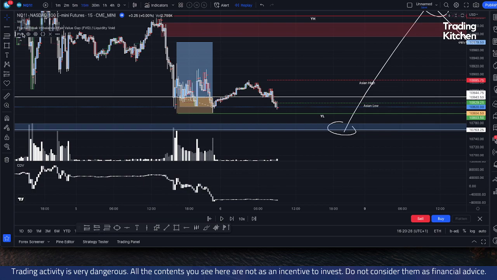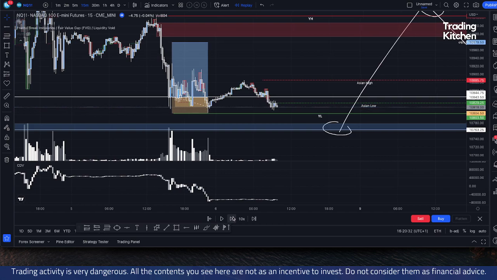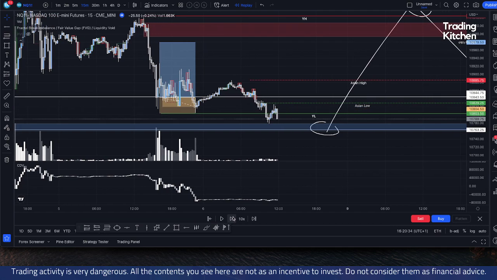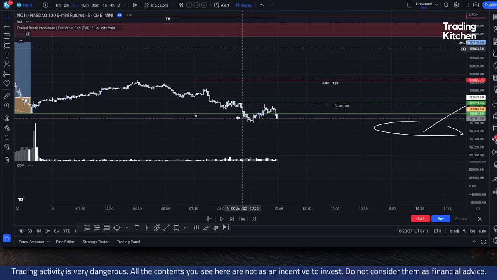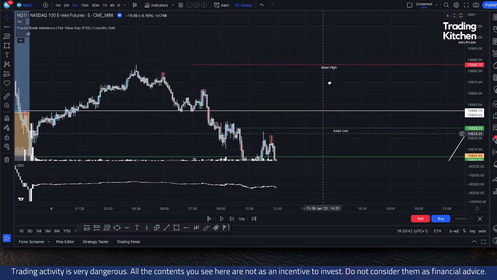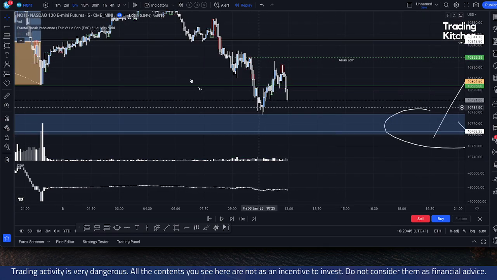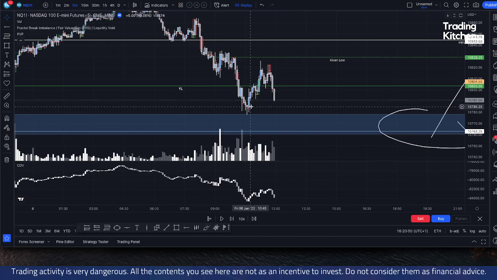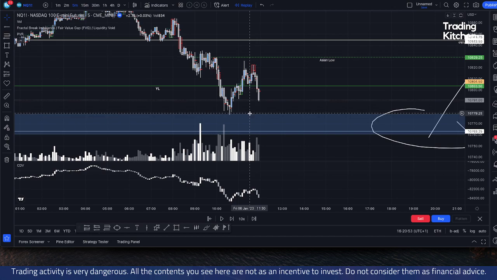Okay, let me remove this periodic volume profile. Okay, price reacted here. We are inside the London session, and let's have a look at the periodic volume profile. Remember that we are short.